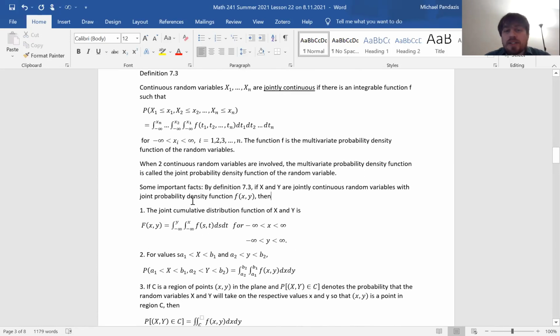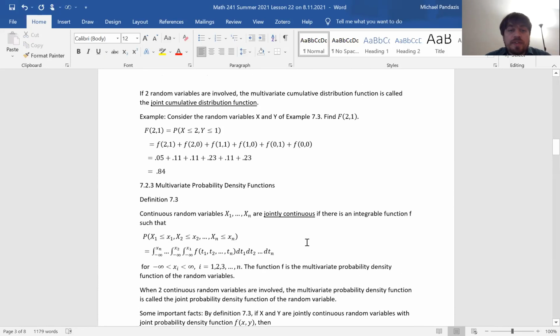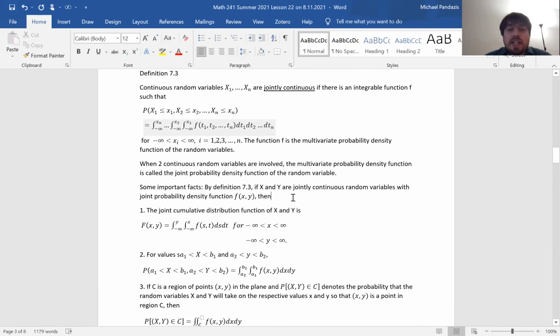Some important facts, by Definition 7.3. If X and Y are jointly continuous random variables with probability density function f of x comma y, then first, the joint cumulative distribution function of X and Y is capital F of x comma y, which is this integral.